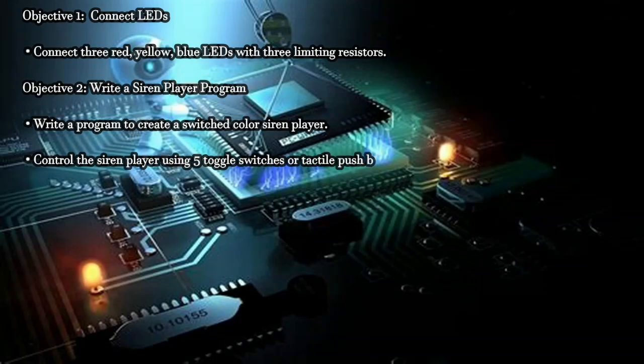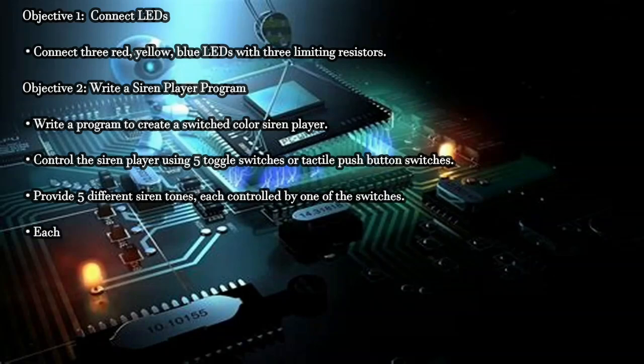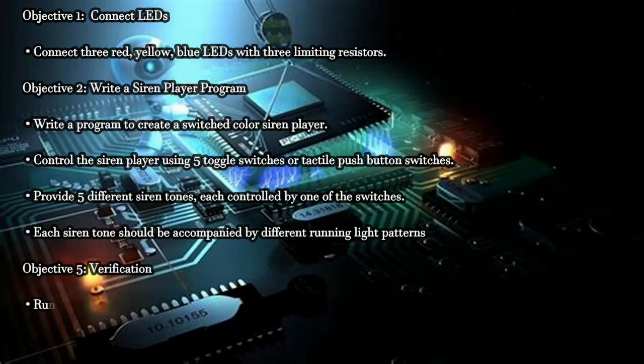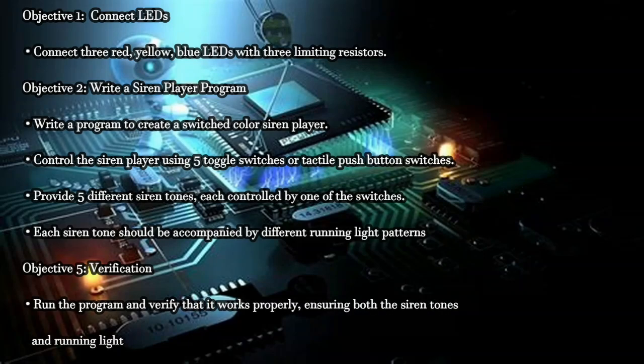So we need to write a program to make a switch controlled siren player, which will be controlled by 5 toggle switches or tactile push button switches. We need to provide 5 different siren tones that will be controlled by the switches. Each tone should be accompanied by a different running light pattern. And obviously, we need to run the program and verify that it works properly.